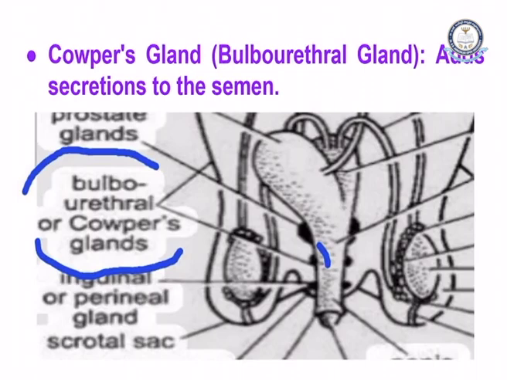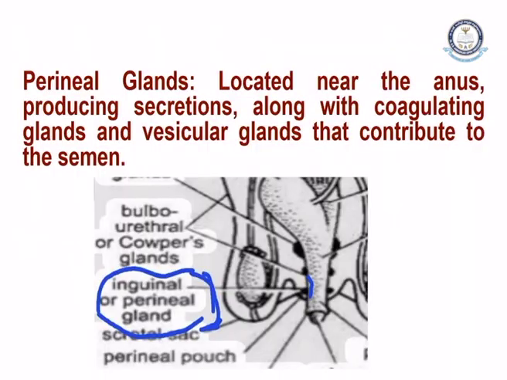The next important gland is the Cowper's gland. It is also referred to as the bulbourethral gland. This particular gland, which is next to the prostate gland and just beside the penis, adds secretions to the semen. By these secretions, there is a flow of the sperms in this semen. The last gland is the perineal gland.